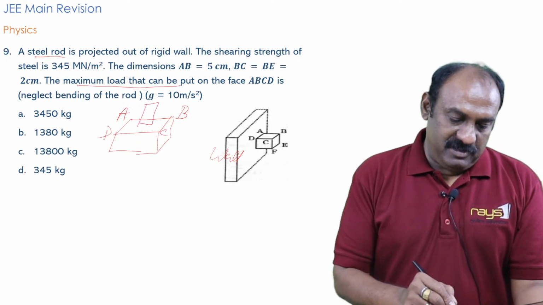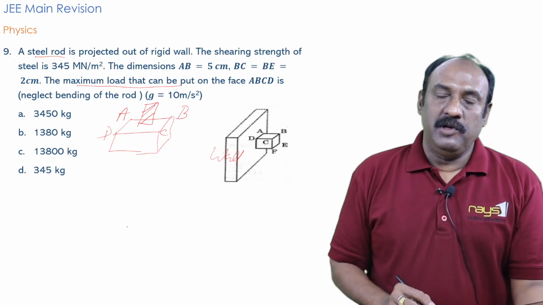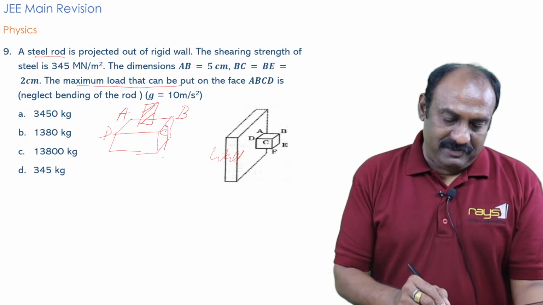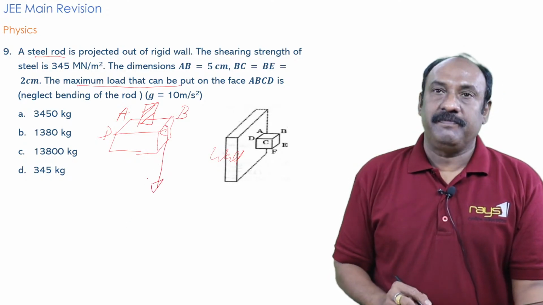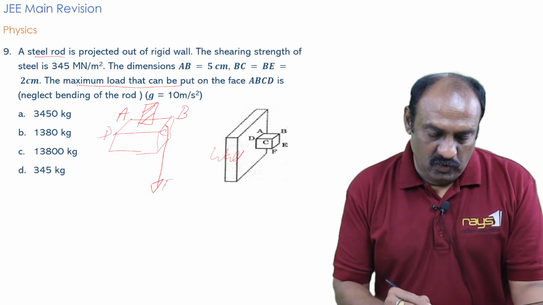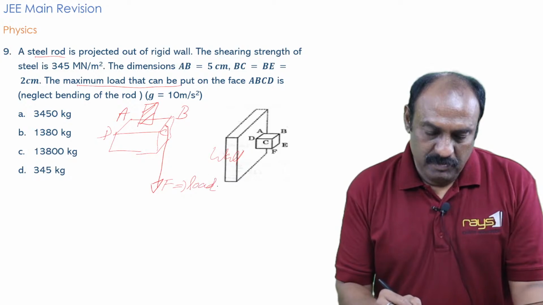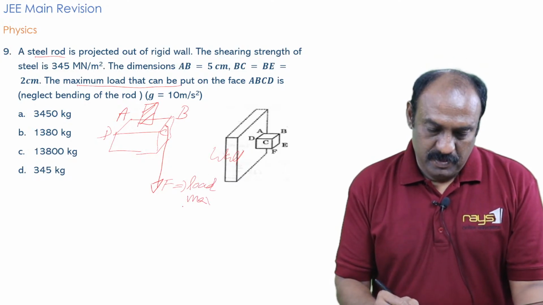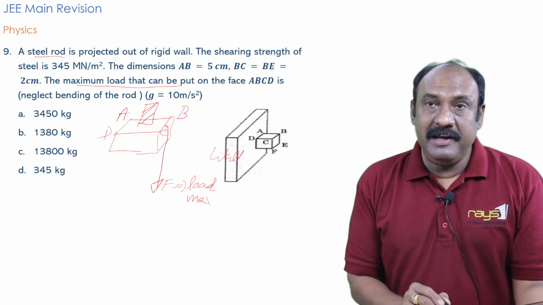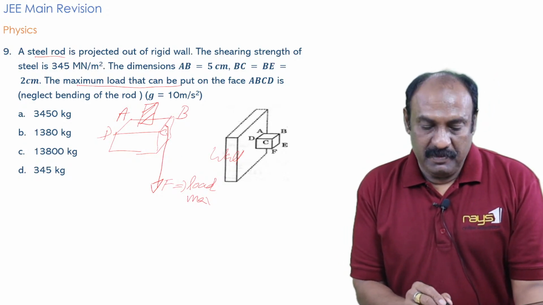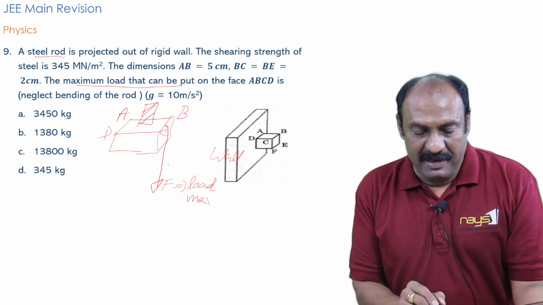So this is the maximum load. We know that the load acts in a vertically downward direction. This is the load, that is force, maximum load. So due to this maximum load, it may undergo shearing strain.